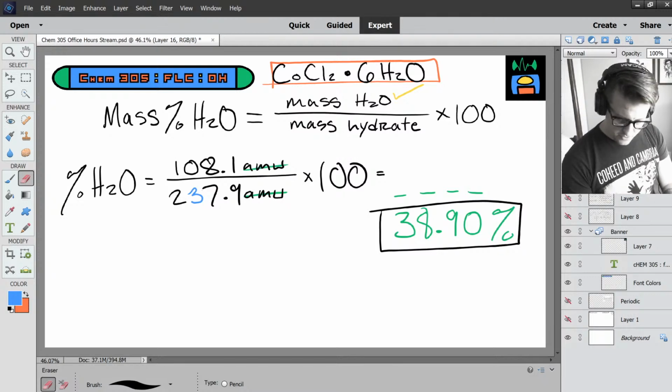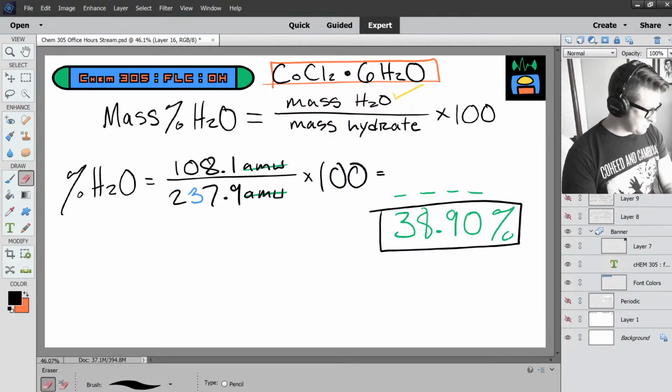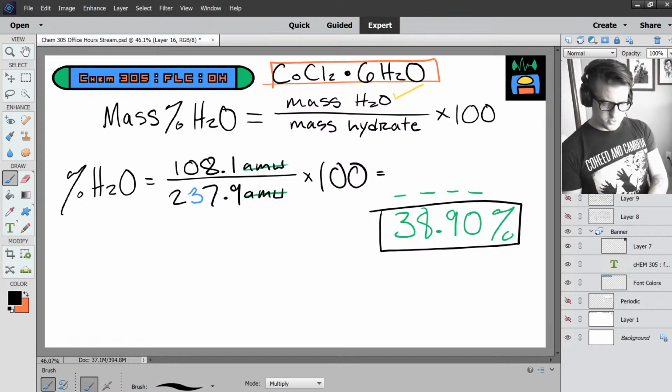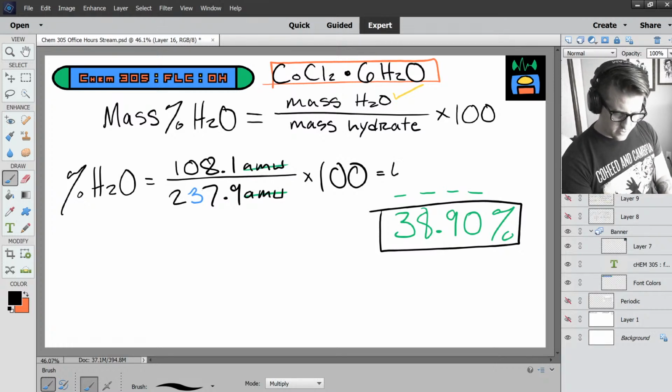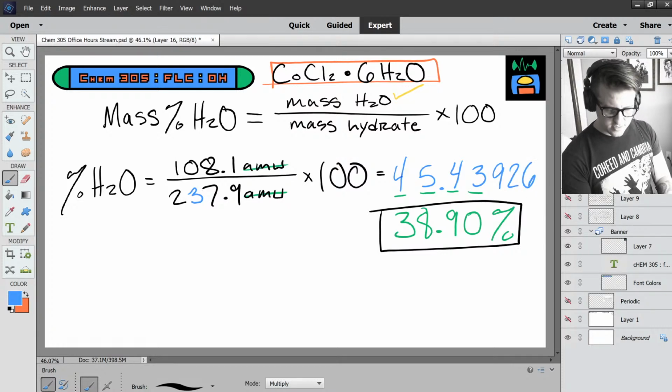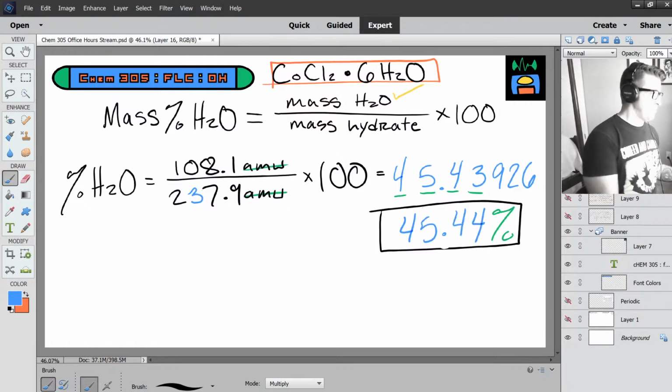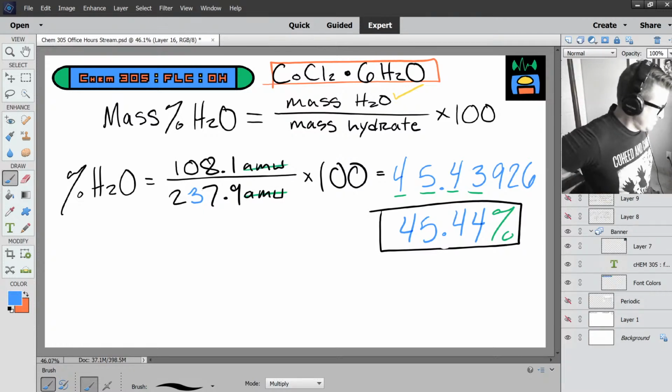So the correct value, let me just double check that, is 45.43926, rounding to 4 sig figs, is 45.44%.